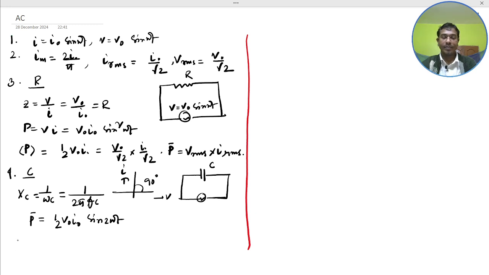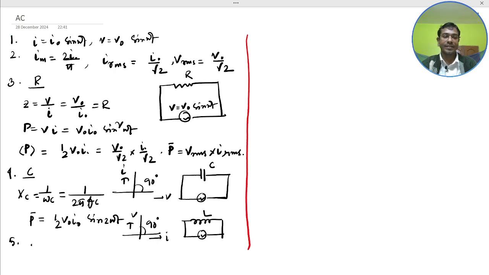Next one will be the only inductor, that is L. So this one. Here V leads current by 90 degree.